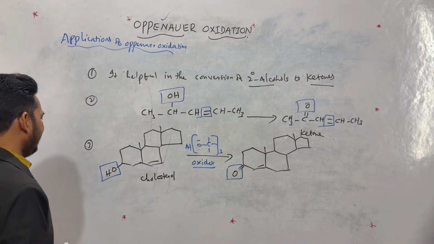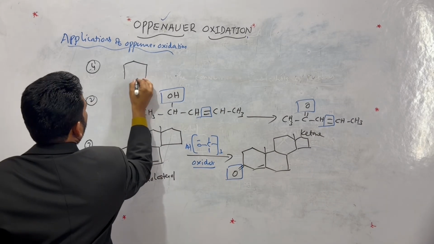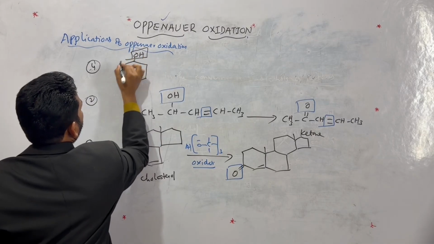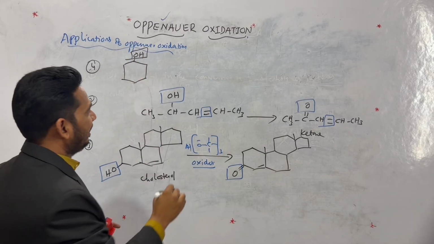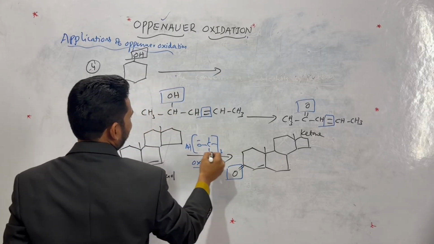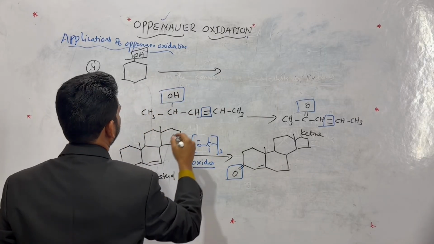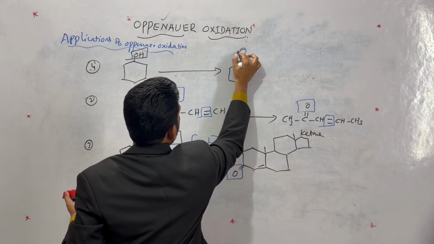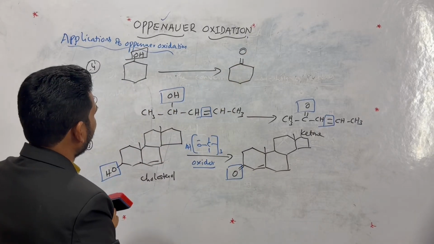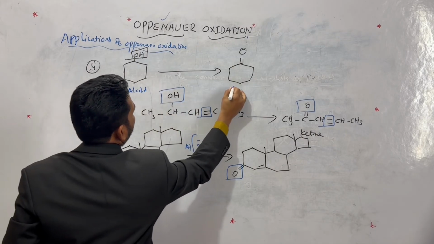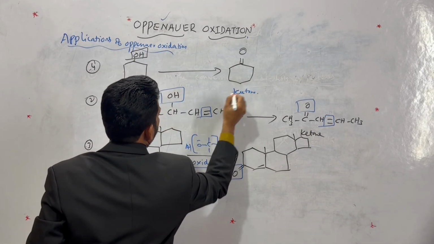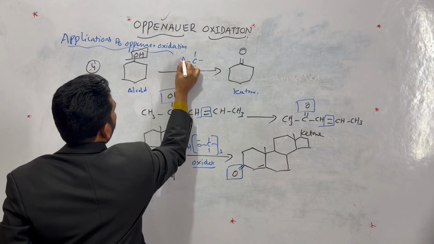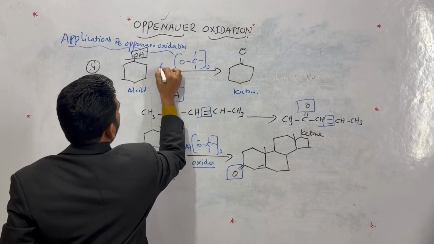Then another thing is cyclic alcohols. This is the cyclic alcohol. Cyclic alcohol is also a secondary alcohol only. With the same, what here? The cyclic alcohol is converted to the ketone, cyclic ketone, in the presence of the same tertiary butyl oxy aluminum, 3 moles.